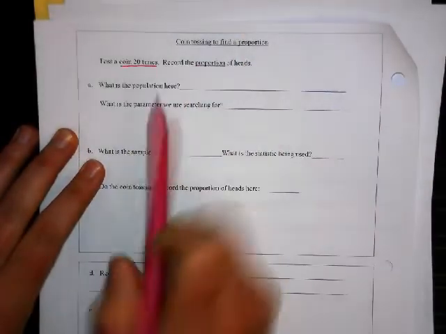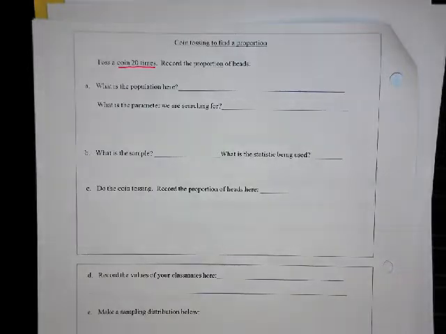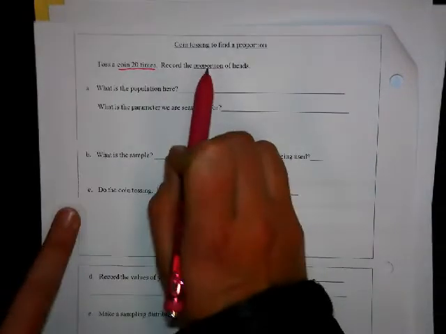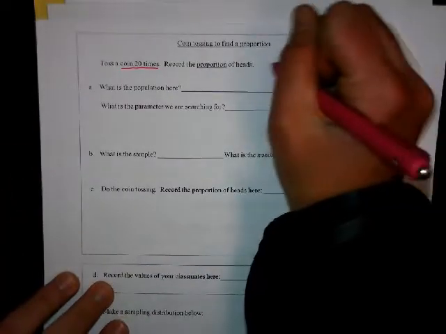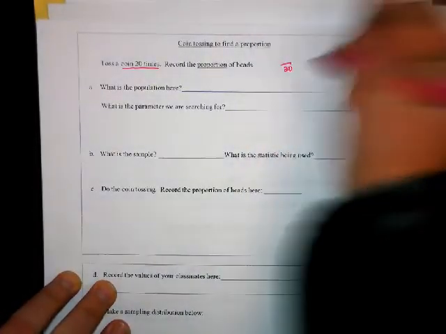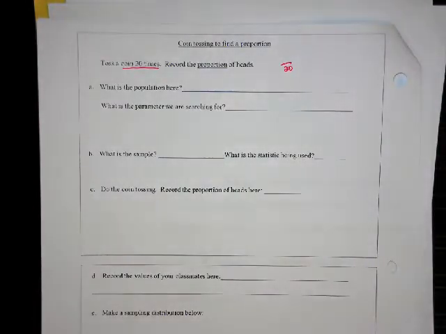And we're going to record the proportion of heads we get. So for proportion, we use fractions and decimals. So it's going to be out of 20. And then the number on top will be the number of heads you get when you toss it 20 times.